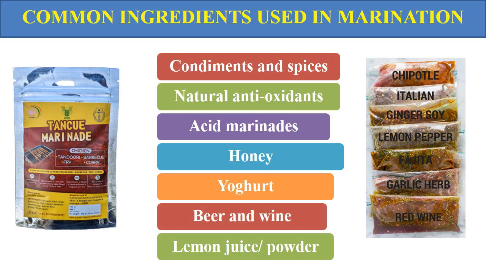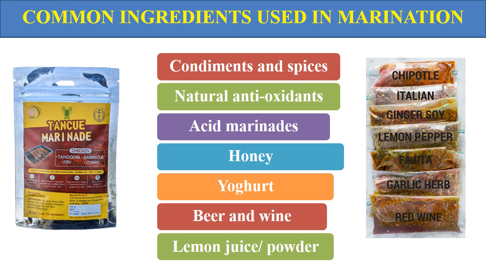Here once again we can see the common ingredients used in marination. The first category is condiments and spices, where a large amount of common spices or condiments used in the cooking process are used. It varies with the different cultures and countries. Then there are certain natural antioxidants present in plants and plant products. They can also be used.